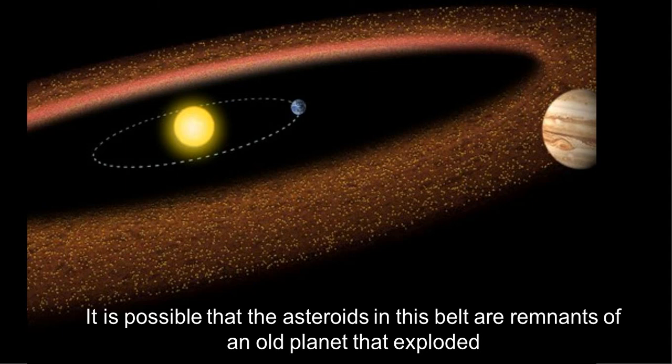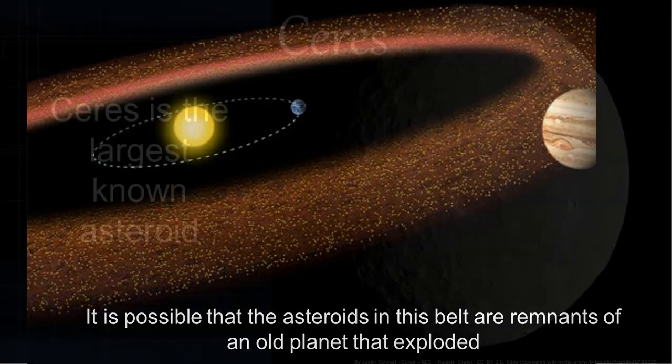But more thinking is now in the area that this debris could have become a planet. All right, so in other words, instead of exploding, it just never formed, and the reason it never formed was because of the gravity of Jupiter. The bottom line is we're not sure what caused the asteroid belt, but these interesting theories are fun to think about and wonder about. So we're not exactly sure.